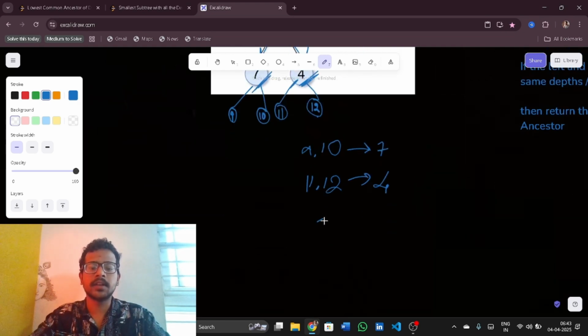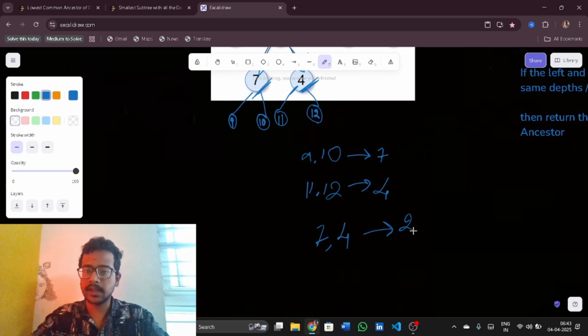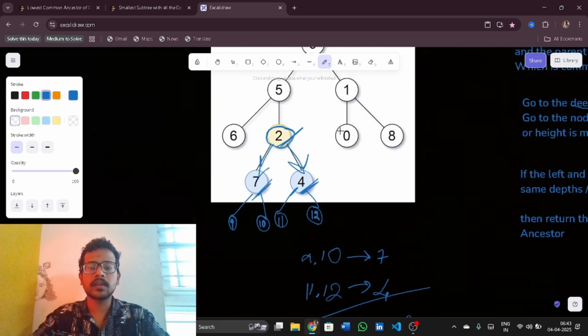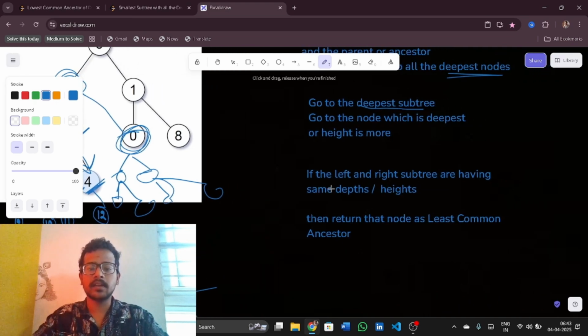Now comes the question: what do 7 and 4 have? 7 and 4 have 2 as the common ancestor. If 2 is connected to another node like 5, then I will return 5 as the least common ancestor.